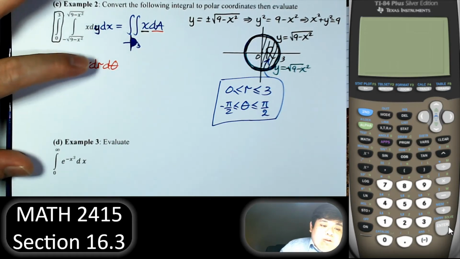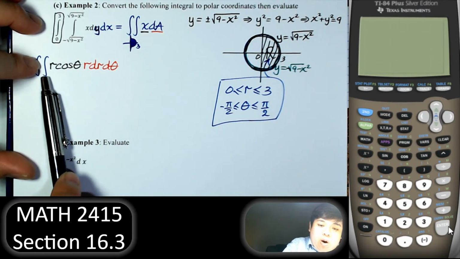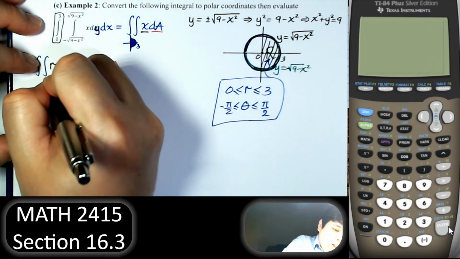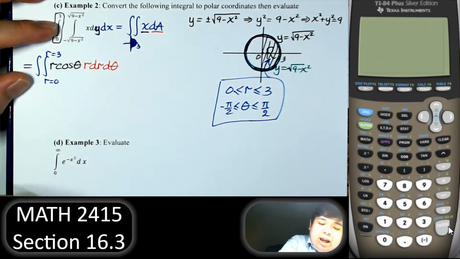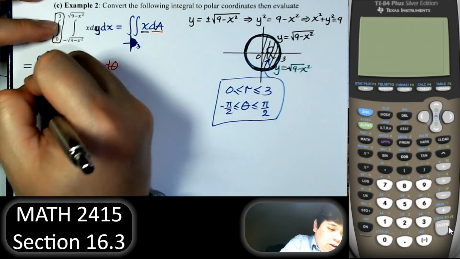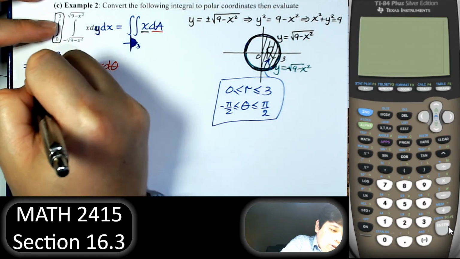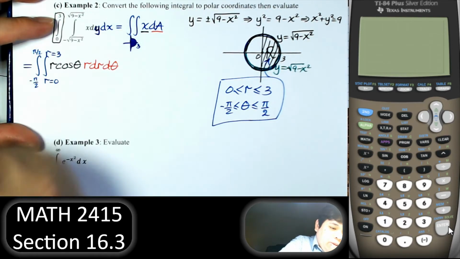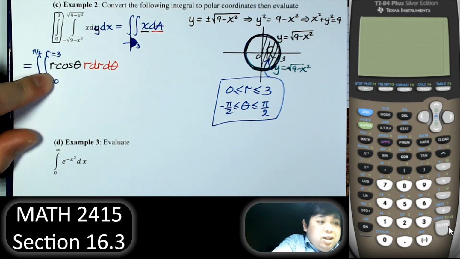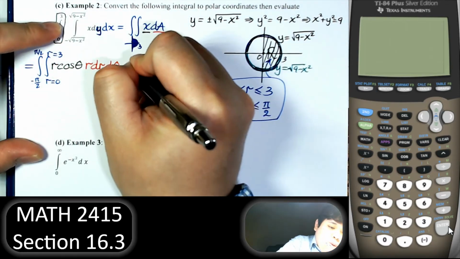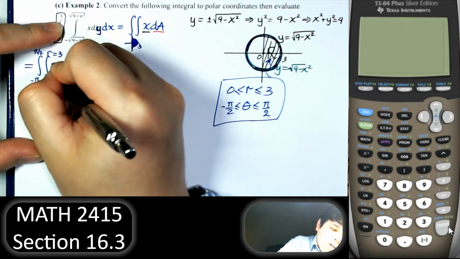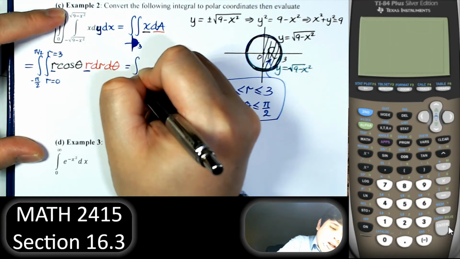The inside limit is for r, which goes from 0 to 3, and theta from negative pi over 2 to pi over 2. So luckily this function is separable. By the way, we have r and r. Let's multiply them together.